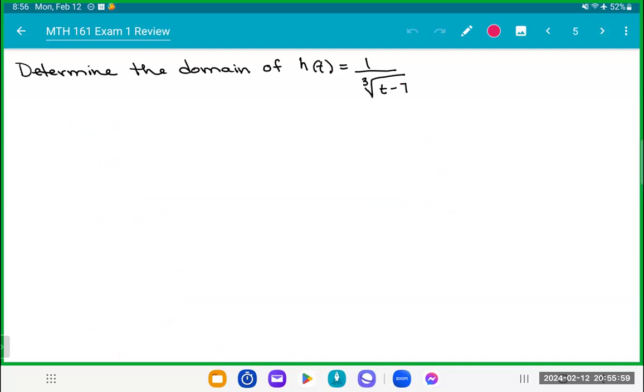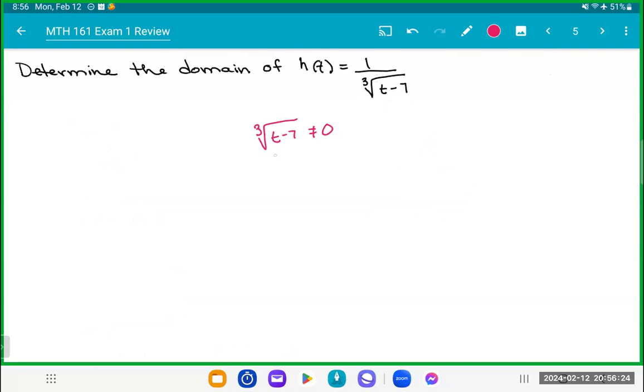Okay, so for this next one, we want to determine what is the domain. Remember the domain, first of all, there's a couple of things here. I know that my denominator, the cubed root of t minus 7, cannot equal 0.